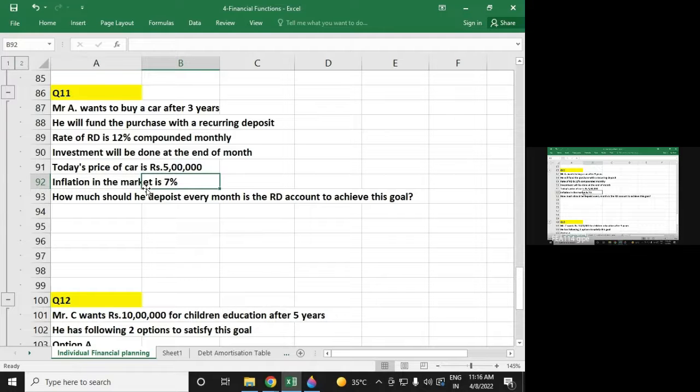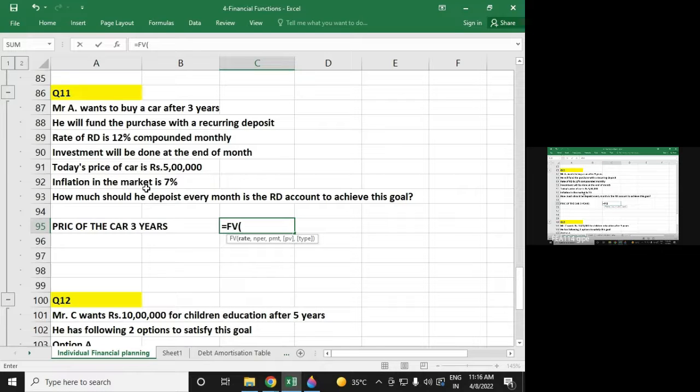Okay. So first thing we will have to do is find the price of the car after 3 years. And why do we want to do that? Because this is going to be the maturity value of our RD account. So this is a question on finding FV. कार का कीमत inflation rate से बढ़ रहा है. For 3 years, there is no PMT. I'll put the 5 lakh with a minus, so you will get the FV plus.